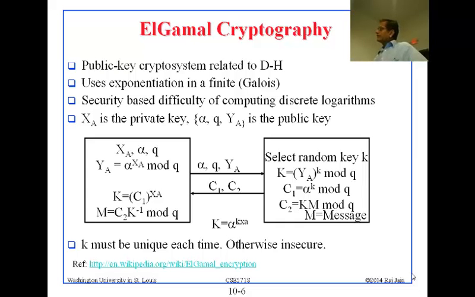The second guy selects a random key K, which is like XB, and very much like Diffie-Hellman calculates capital K. But instead of sending out capital K, it sends out C1, which is alpha raised to K mod Q, and C2, which is K times M, where M is the message.